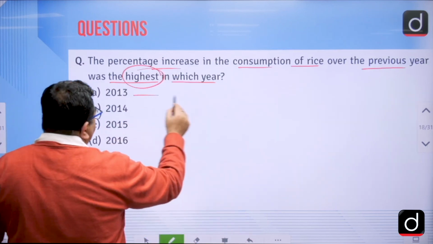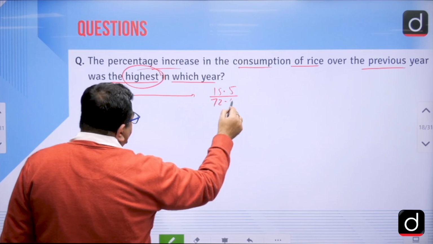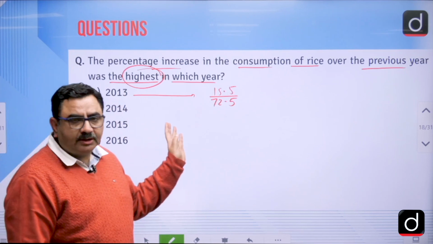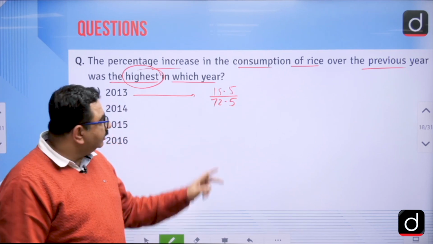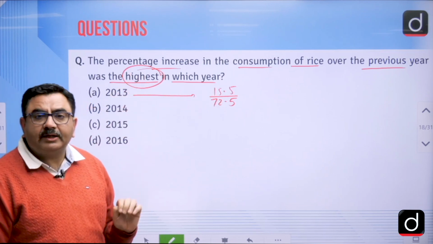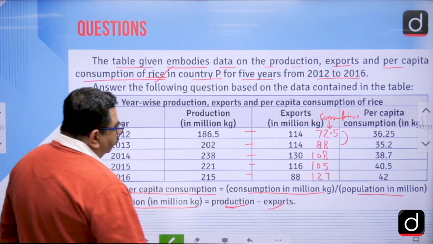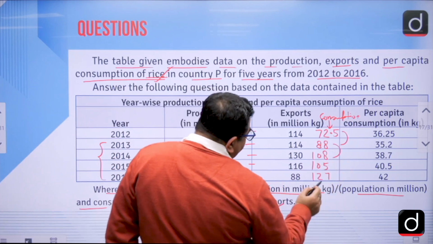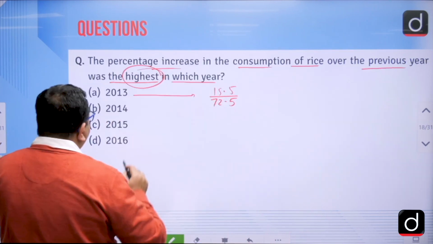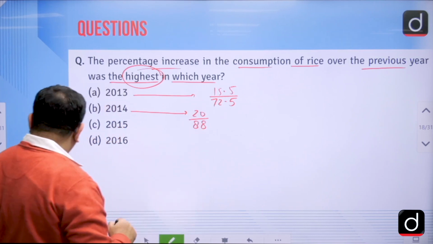So let's write 15.5 over 72.5 into 100. As we did in the last question, there is no need to write 100; we can just compare fractions. Whichever fraction is larger gives the highest percentage increase. Next, in 2014, the increase is 20 on 88.